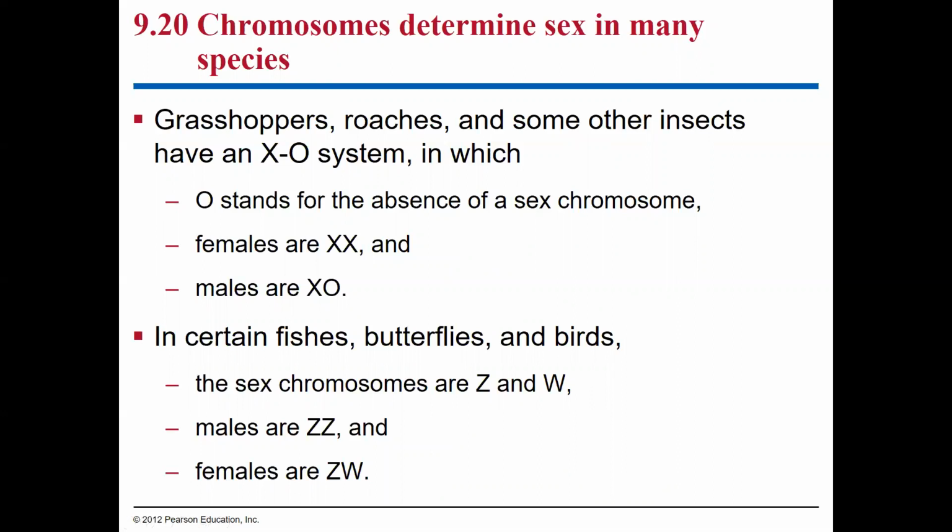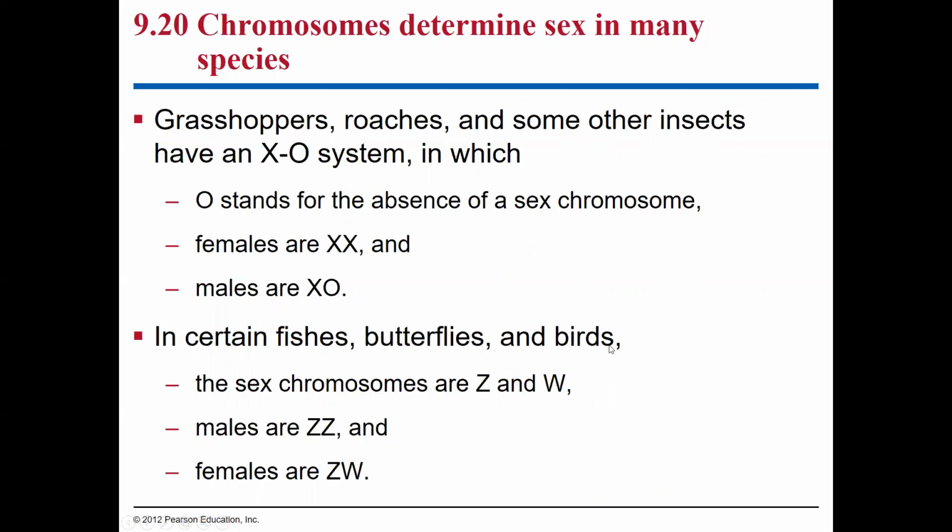So sex chromosomes can be different for different species. Grasshoppers, roaches, and other insects can have what they call the XO system, in which O stands for the absence of a sex chromosome, where females are usually double X and males only have just one X chromosome.